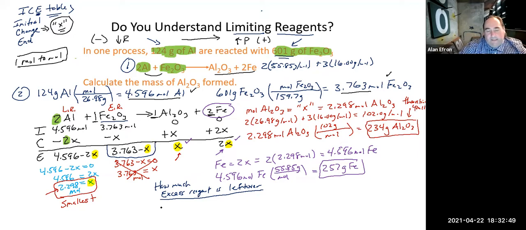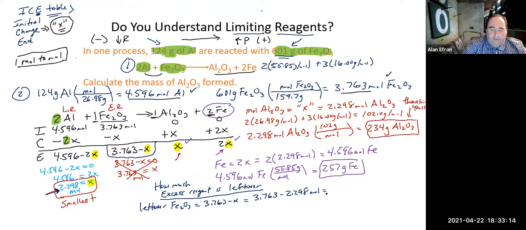So that would tell us the leftover amount of our iron 3 oxide is 3.763 minus X. Again, using the same X value in all these, that would give us 3.763 minus 2.298. And again, these are moles.